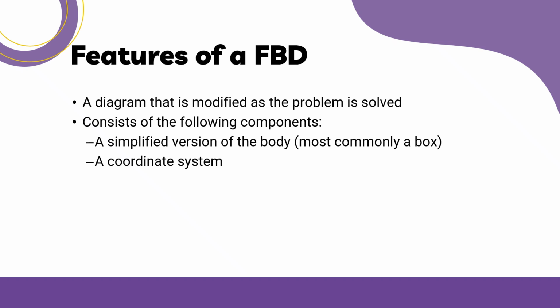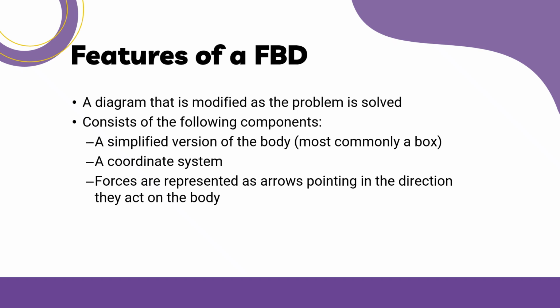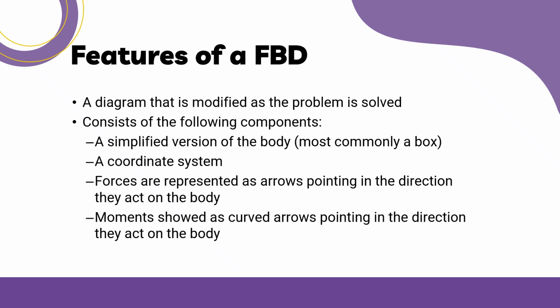Next, we identify a coordinate system. Then we analyze the problem and identify the forces, which you usually represent as arrows pointing in the direction they act on the body. We also include moments, shown as curved arrows pointing in the direction they act on the body.